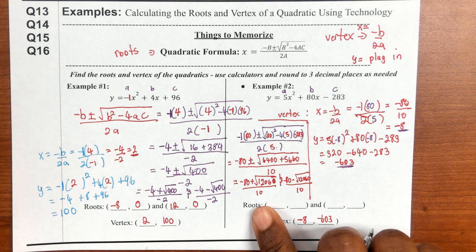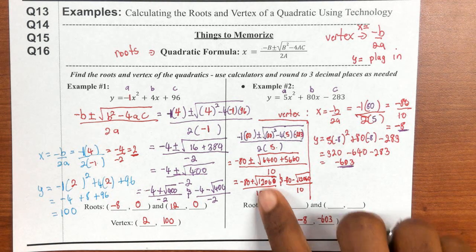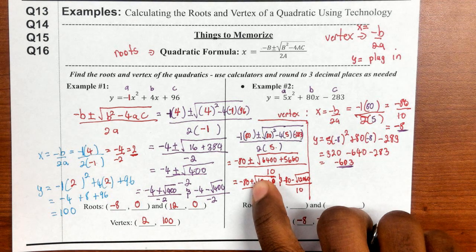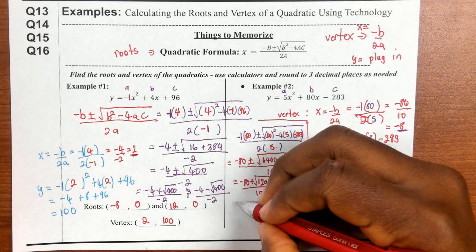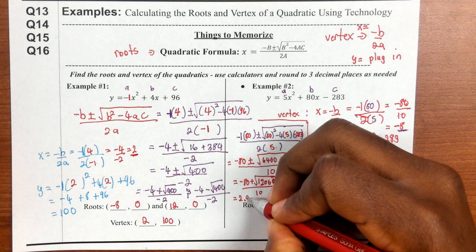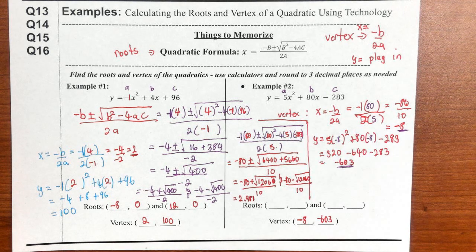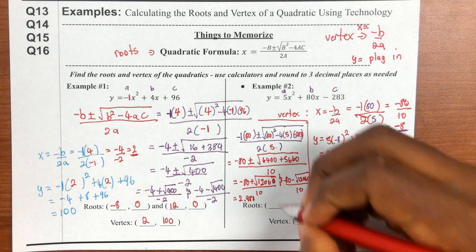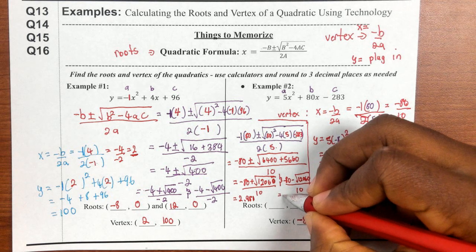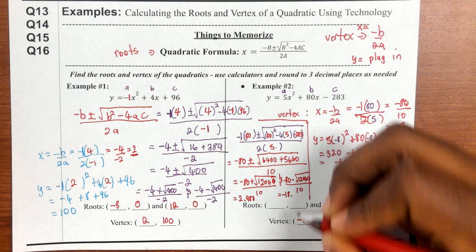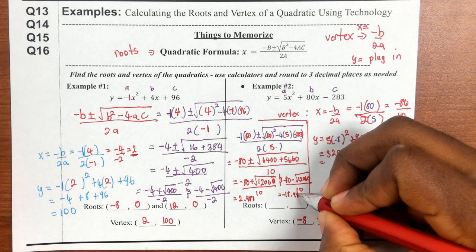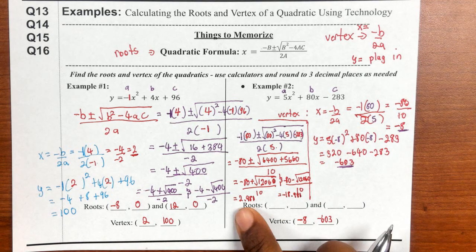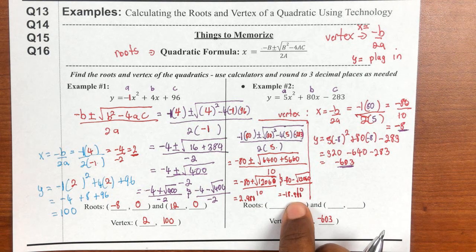When there's a positive here, I got 2.981. And when it's a negative, I got negative 18.981. So those are our two roots, or two x values.